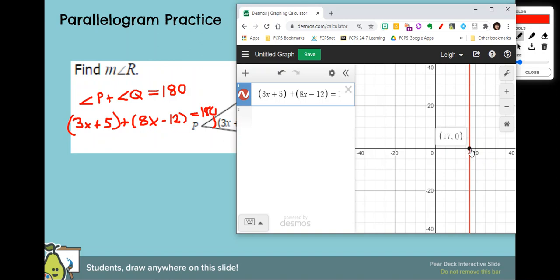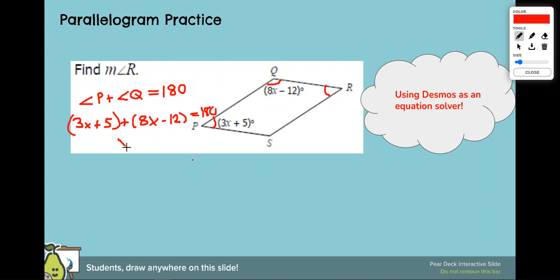And the graph is actually a graph of the line of x. So you'll notice that the x-intercept is at 17. So it has solved for x, and x is equal to 17. Okay. So using this information, I have solved for x, which is 17.